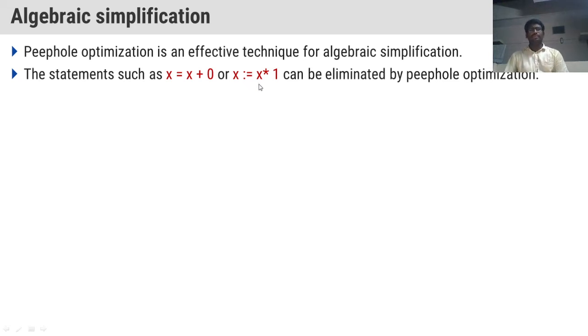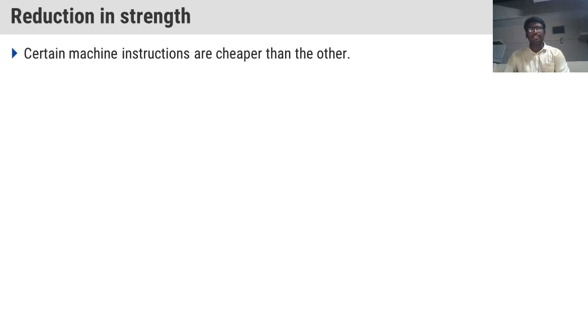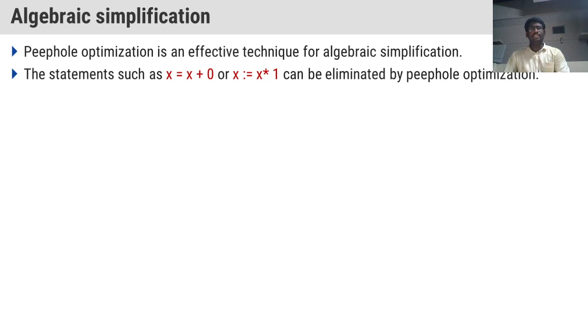What result do we expect from these? We are adding 0, so we get the same value. If anything gets multiplied by 1, we again get the same value. So there is no change, and such statements can be eliminated.